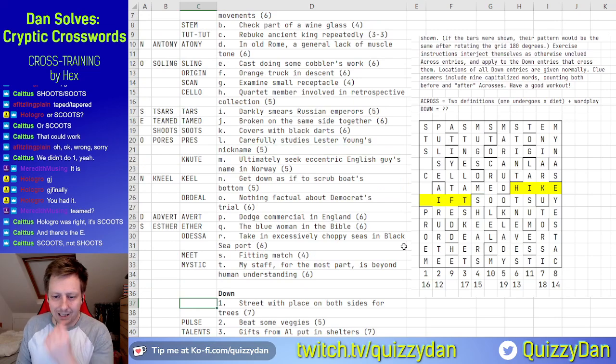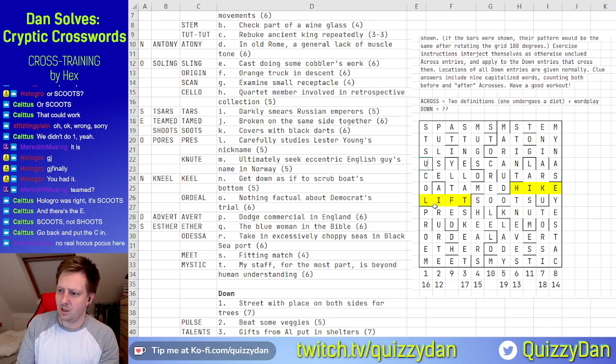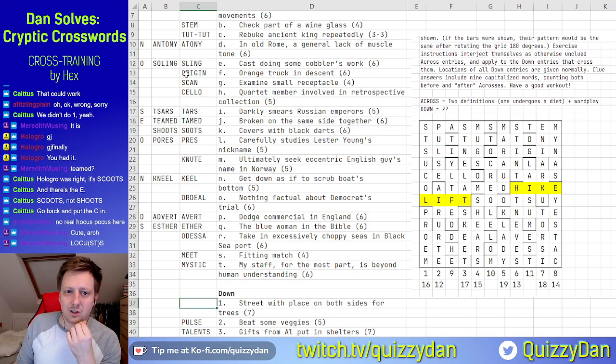Street with place on both sides for trees. Street. There's your street with place on both sides. A locus. A locus is a... it scoots.